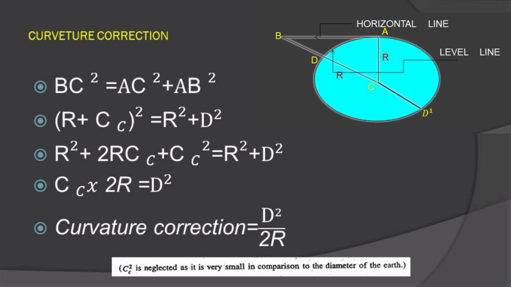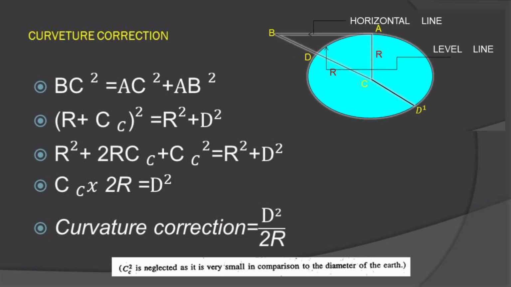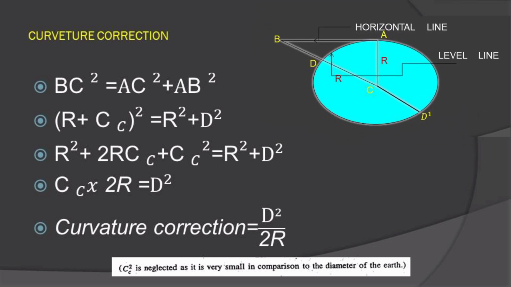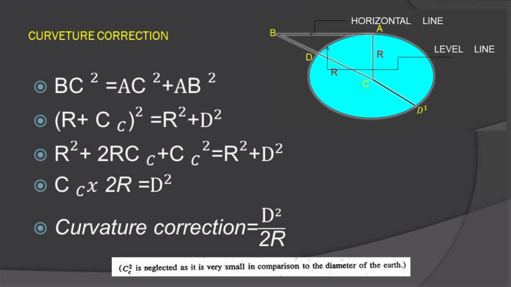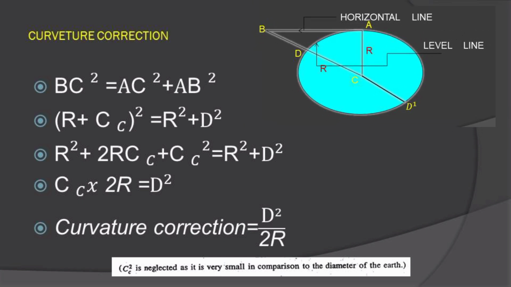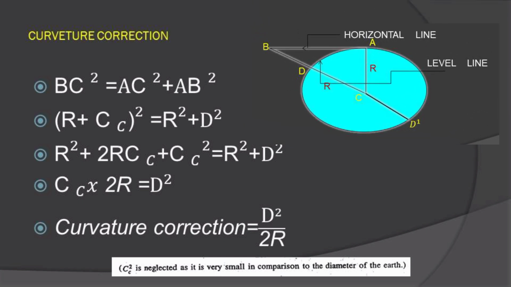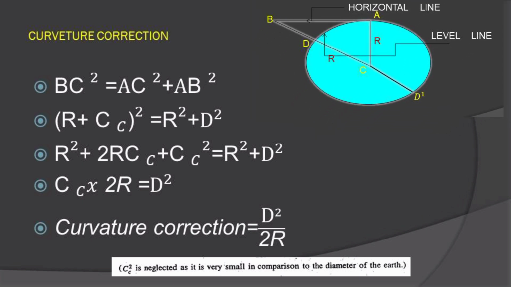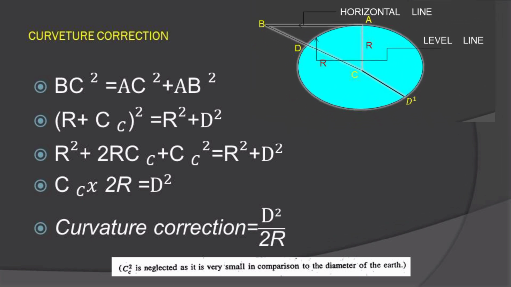So that means BC squared is the same as AC squared plus AB squared. So that is just as simple as that. So because the opposite and the adjacent squared, our answer, the square root of that will give us the hypotenuse.